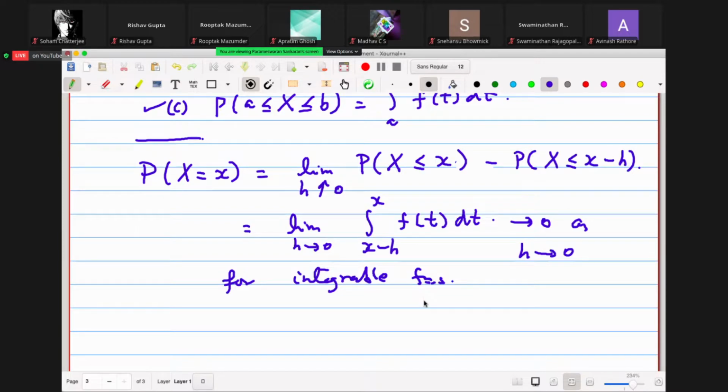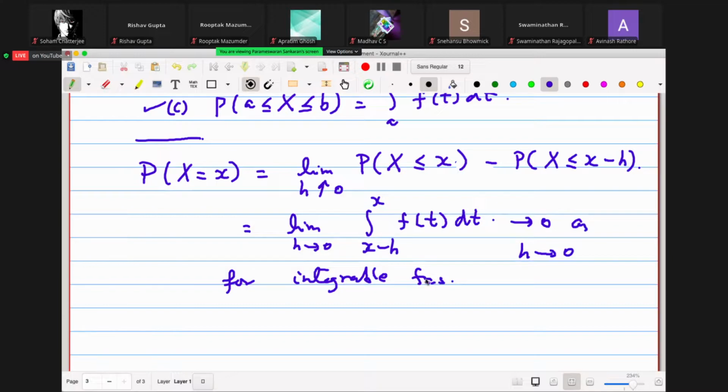Why so? If the function is integrable, then it is essentially bounded. But this interval has length h, so one has to talk about essentially bounded.